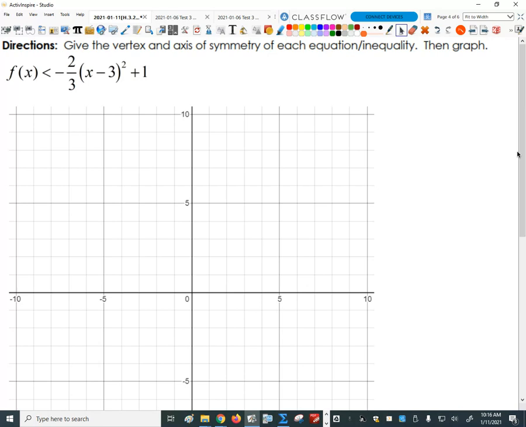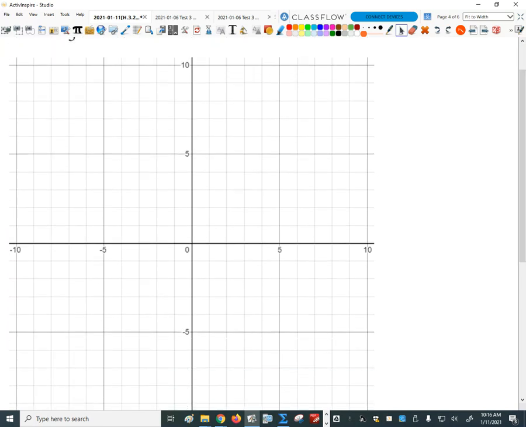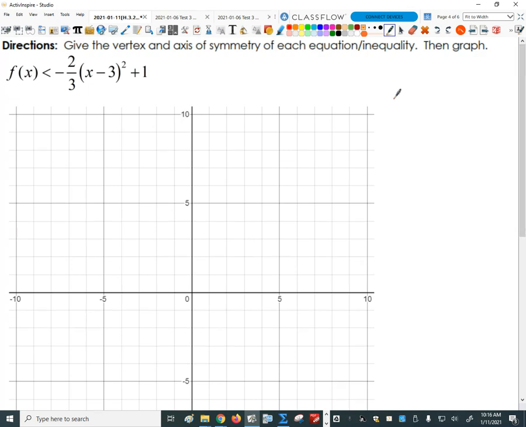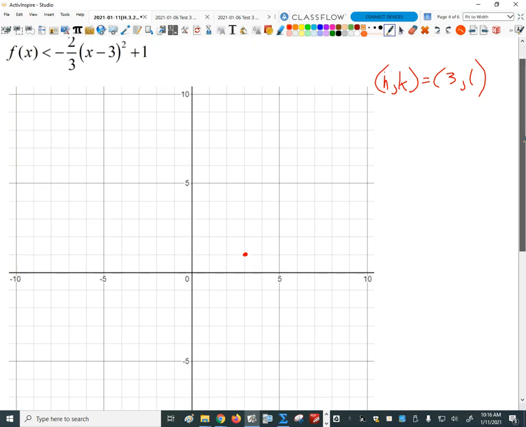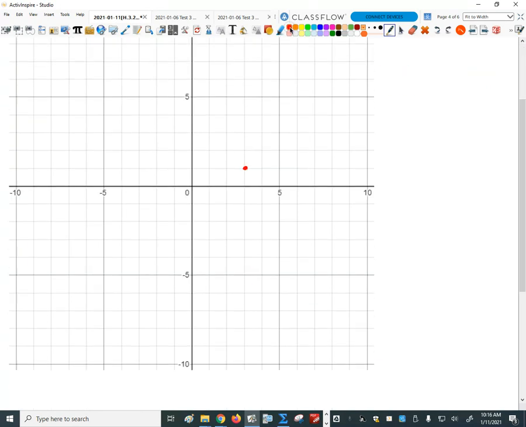All right, so you already told me that we had a vertex at 3,1. So we were over 3, up 1, and we said that we went over by 3 and up by 9 times negative 2/3, which meant down 6.